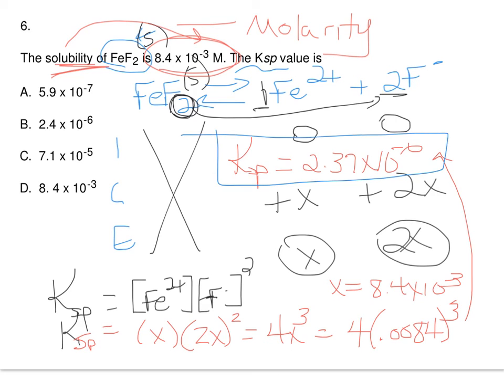Now, some of you were savvy enough doing this that you realized right away that the number they gave you was x. And if that's the case, you don't need to even write the x's in here. If you know what x is, you can just write it in instead of using x. Okay, so if you did it that way, it's perfectly fine.